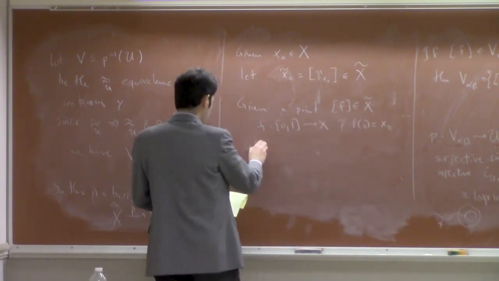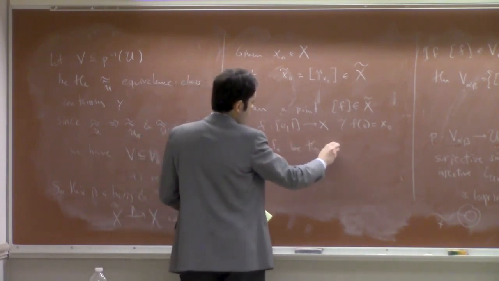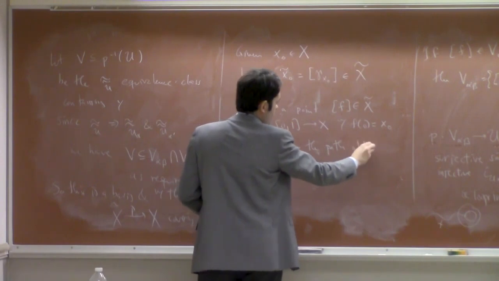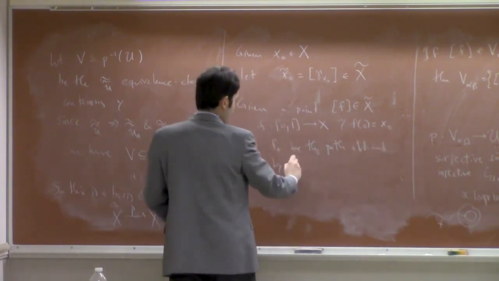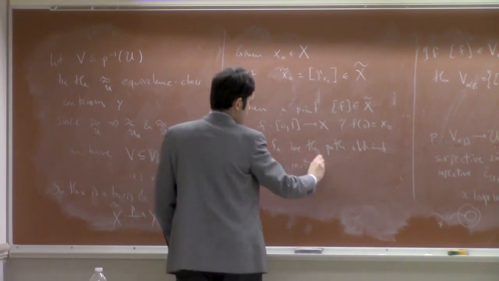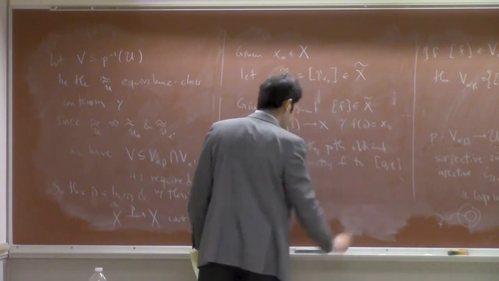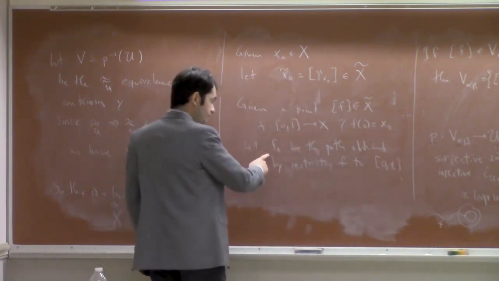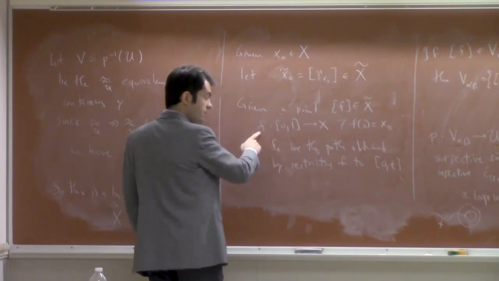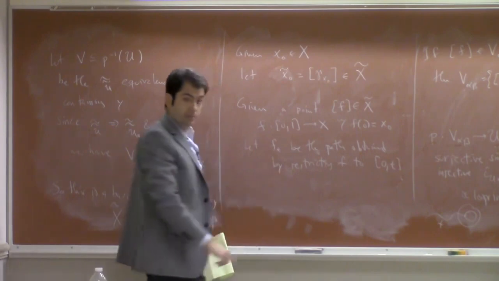So let f sub t be the path obtained by restricting f to the interval [0, t]. Right? So f1 would be f, and f0 would be the constant loop at X naught.